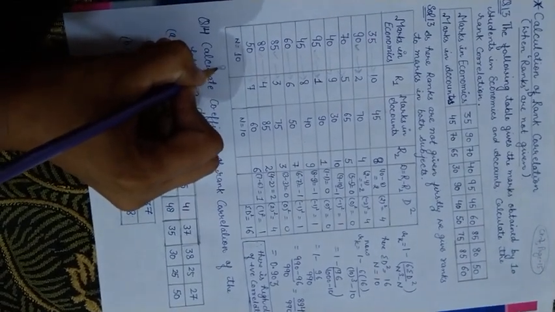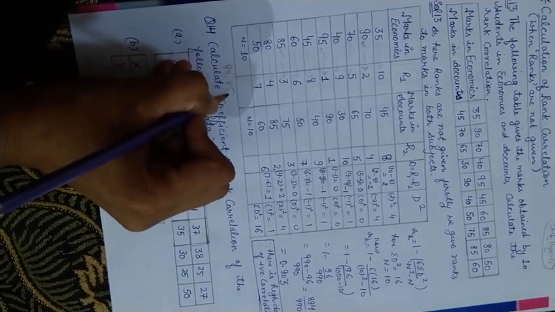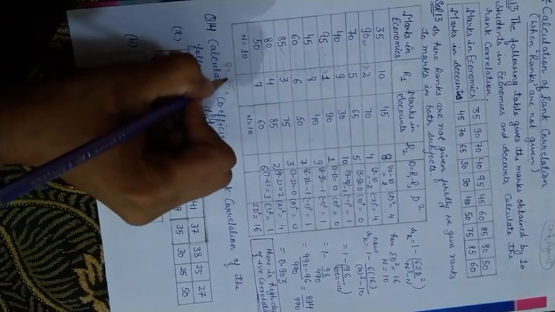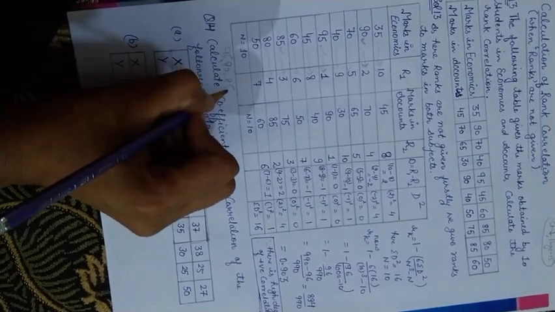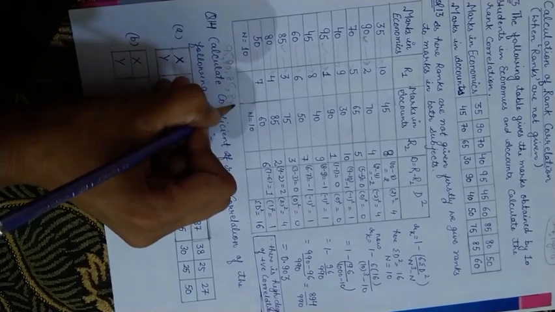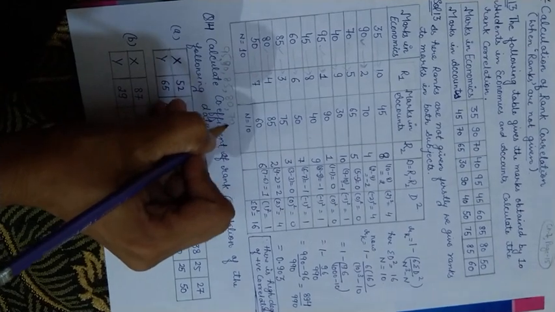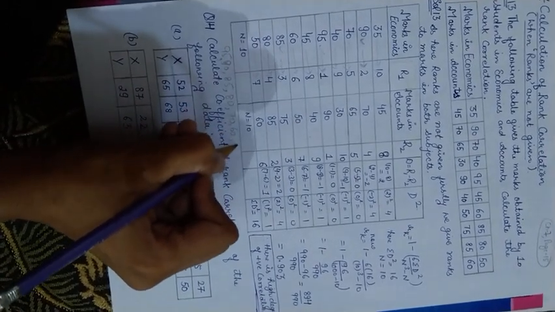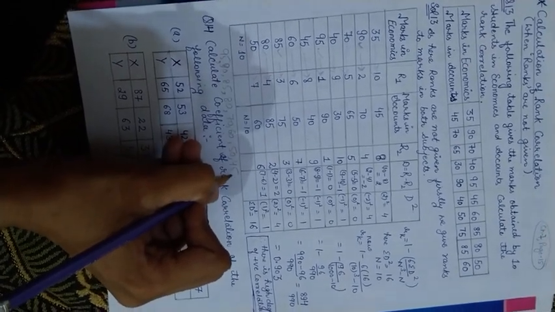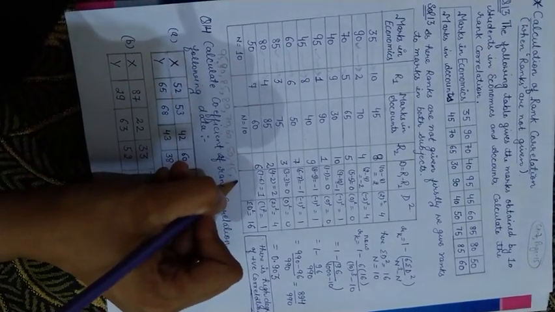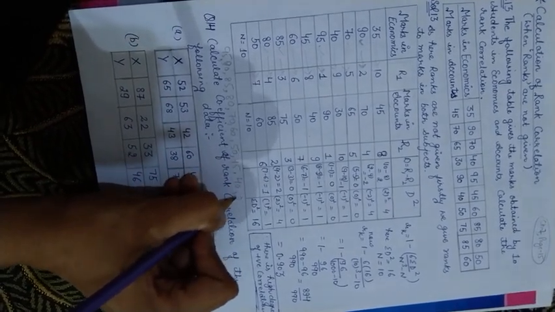First of all is 95, then 90, then 85, then 80, then 70, then 60, then 50, then 45, then 40, then 35.